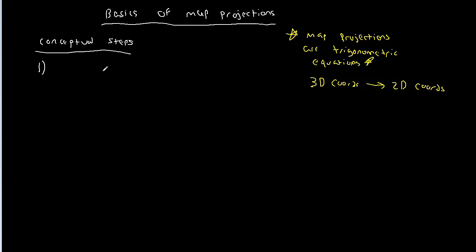We call this the reference globe. So, shrink an imaginary globe to the size of your final, desired map.